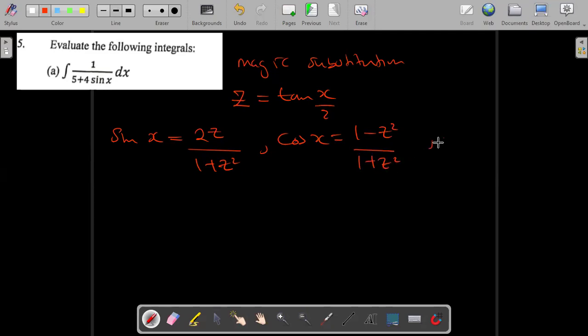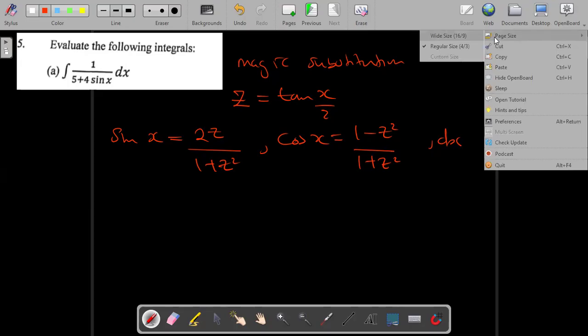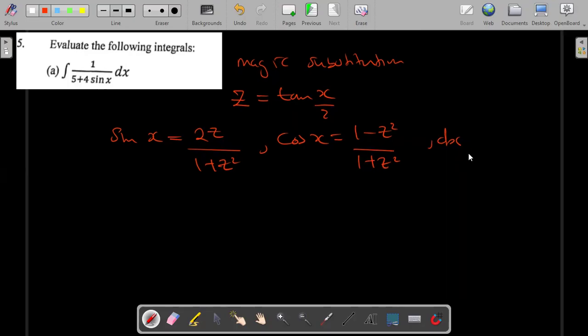Then dx is equal to 2 over 1 plus z squared dz. So these are the substitutions that you make into your integral.